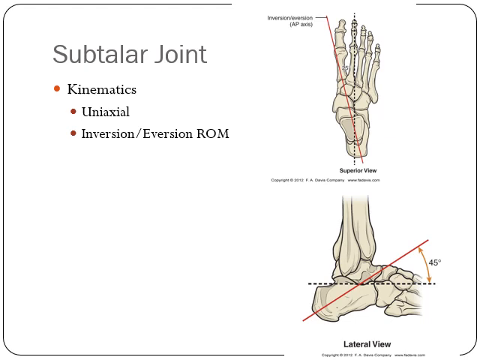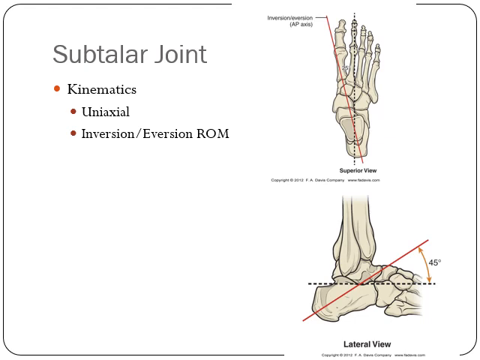So with inversion, we're going to get approximately 30 degrees, eversion about 20, so a little bit more inversion than eversion, which would make sense given the anatomy of the fibula, the lateral malleolus as opposed to the medial malleolus.